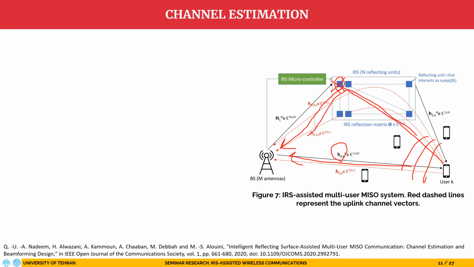Then we take this off and take this on, and others are still off. This channel is estimated, and we continue this process until the last element. The effective channel can be calculated.